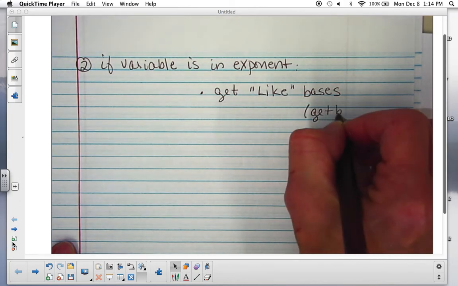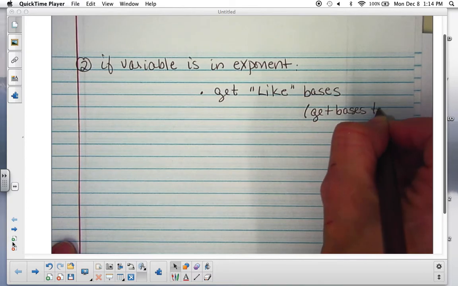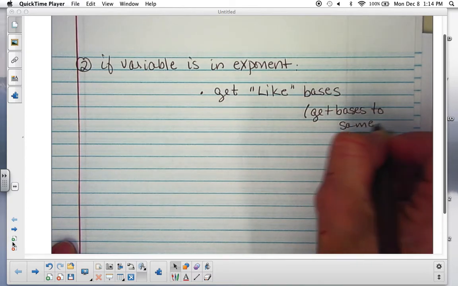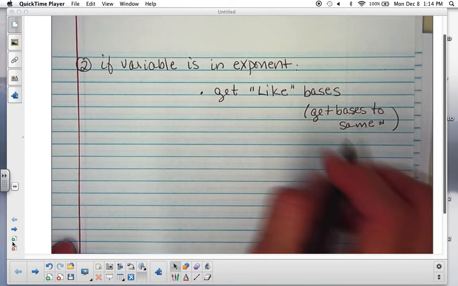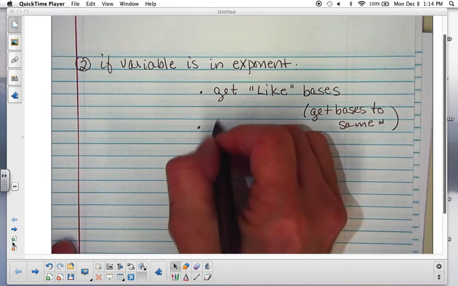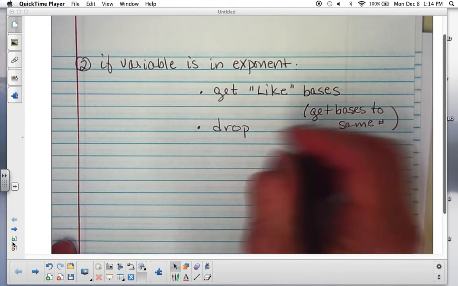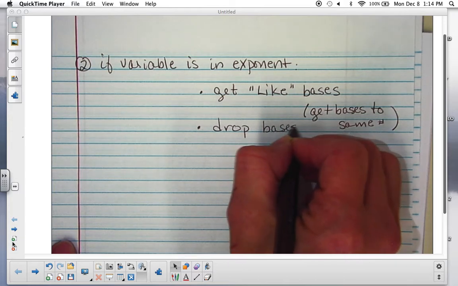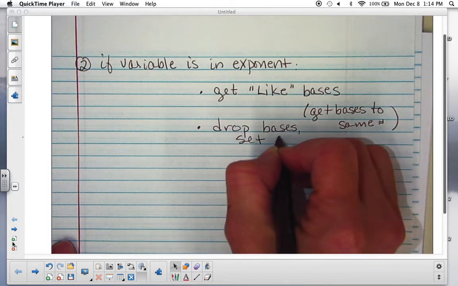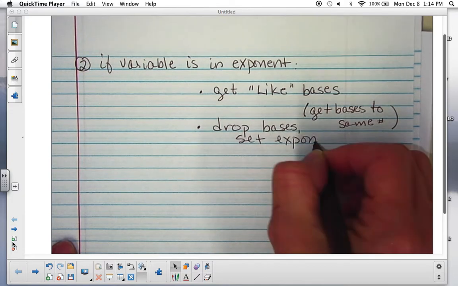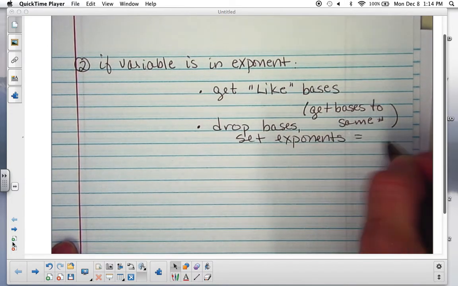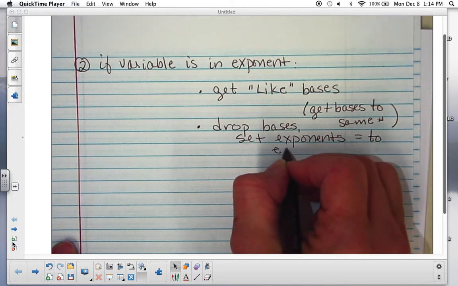Basically, get the bases to the same number. And then you can drop the bases and set the exponents equal to each other. Drop the bases, set the exponents equal to each other, and solve.